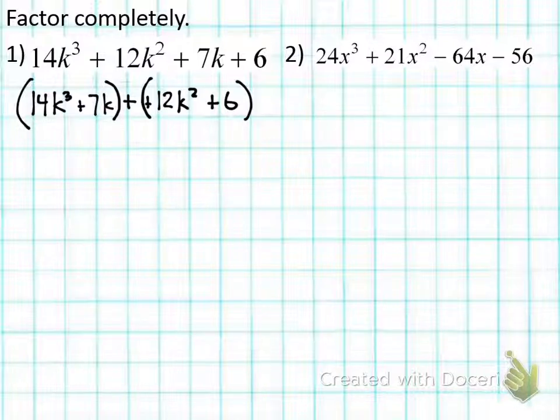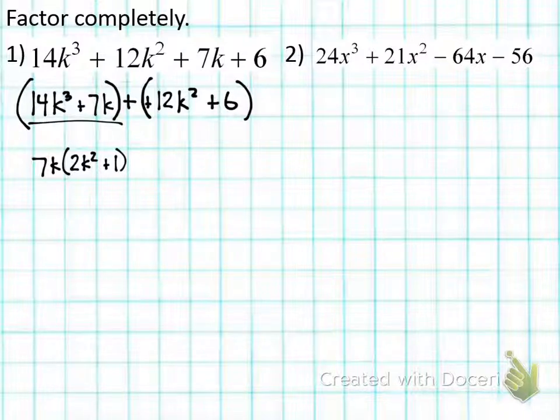The greatest common factor in here is the 7 and k, right? So 7k times k squared is equal to 14k, or I'm sorry, not just k squared, but 2k squared. 7k times 2k squared is equal to 14k cubed. 7k times positive 1 is equal to positive 7k, right?